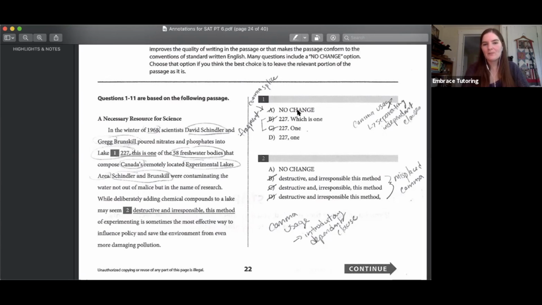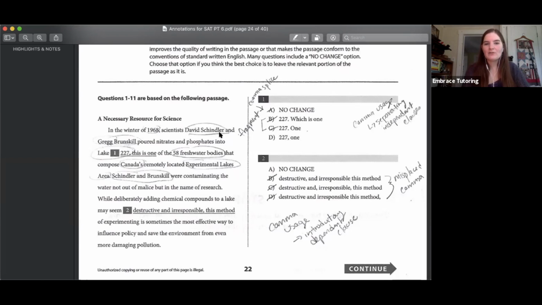This first example is actually a comma splice, which means it's an unnecessary comma here. What this question is supposed to be looking at is comma usage dealing with separating independent clauses. So we need to look at how to break this down appropriately.